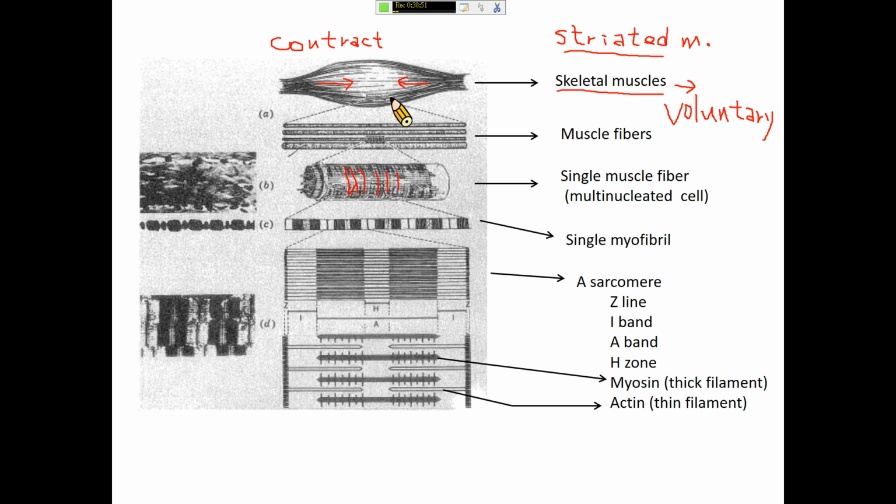When they get a signal from the brain. When you want to reach for something, when you want to grasp something, when you want to push something, when you are maintaining your posture, when you lean forward, you're doing this based on the signals from the brain.